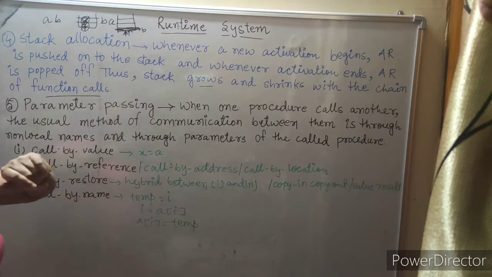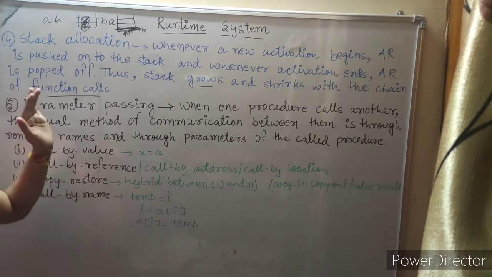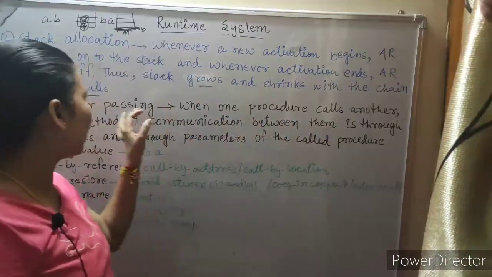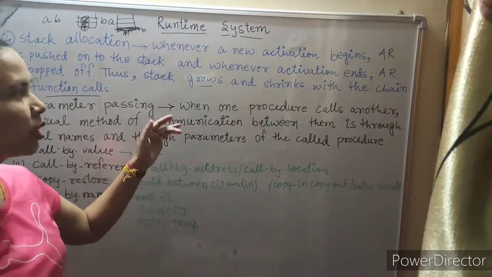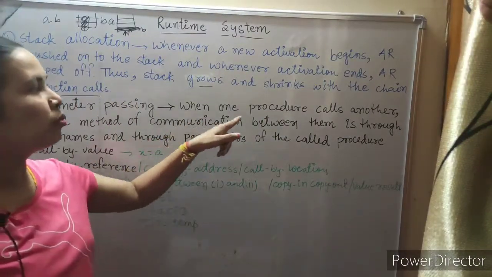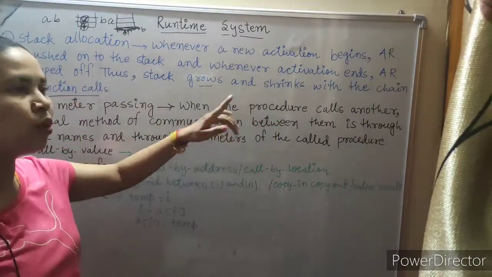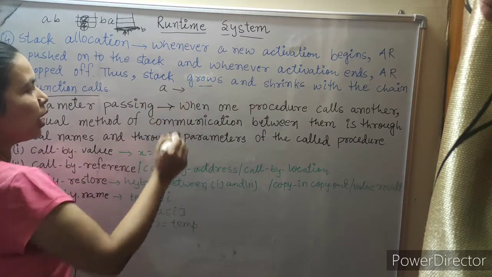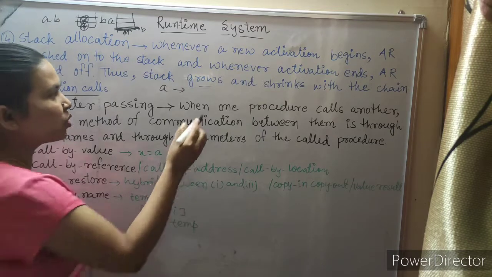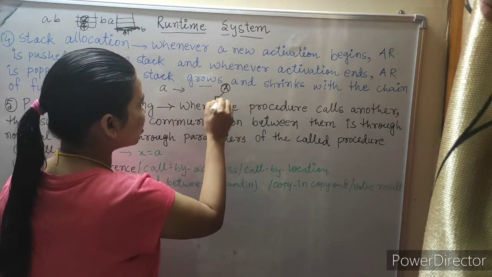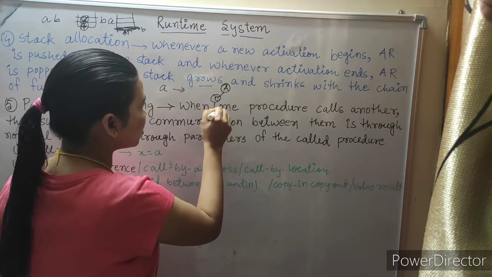Now we will see parameter passing. Parameter passing is the next topic. When one procedure calls another, we have already seen parameter passing in the activation records. Whenever one procedure calls another procedure, suppose A calls B, as we also saw in the activation tree, the root node goes first and then afterwards the child node, like this.